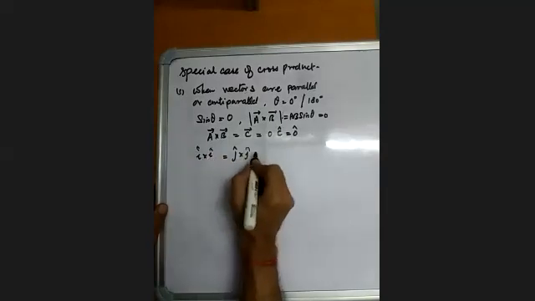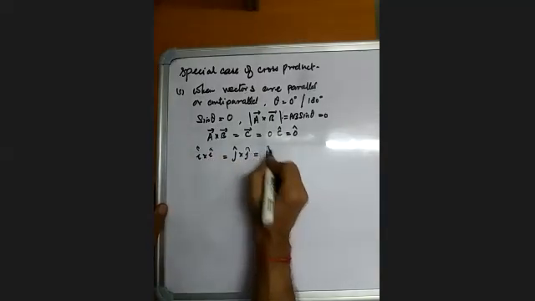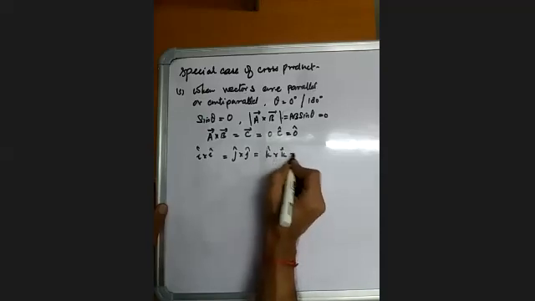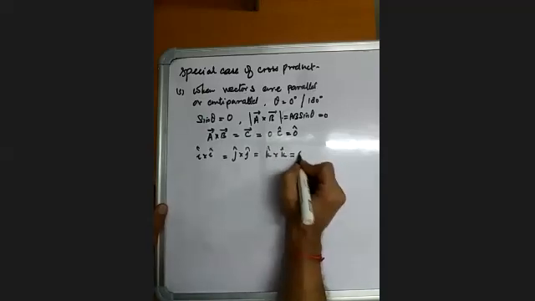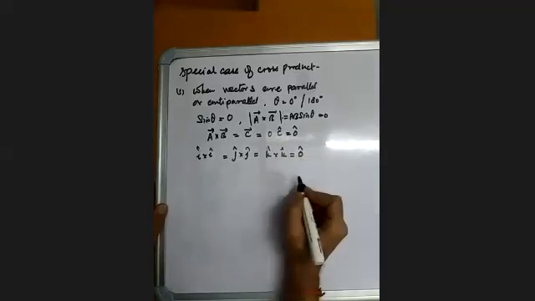So i cross i, angle is 0. j cross j, angle is 0. k cross k, angle is 0. So the result will be 0 vector. So the cross product of two parallel or anti-parallel vectors is 0.